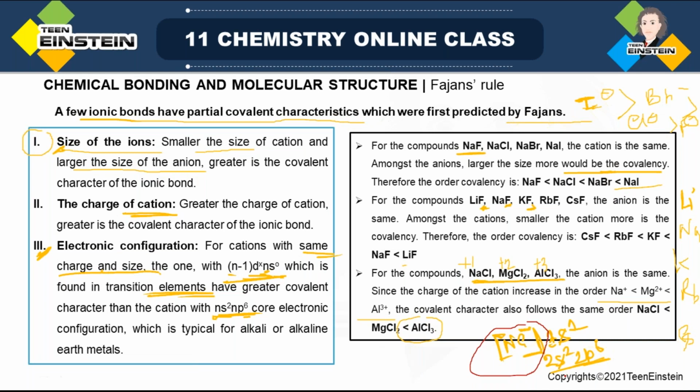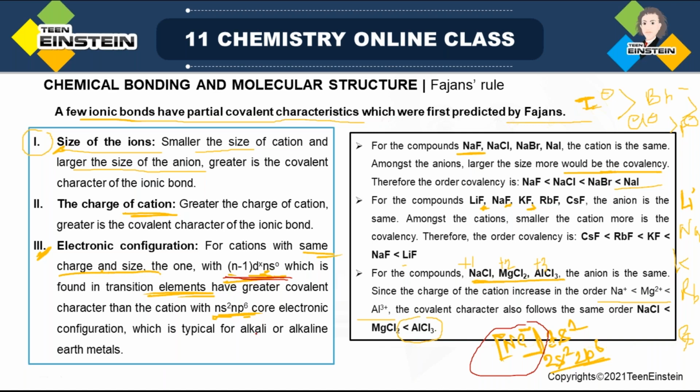So you are having these two types of metals, one from the s block. It is also true for any group 2 metal. Suppose you have taken Mg, which has atomic number 12, then after neon it will be 3s2. So suppose you have any alkali metal or alkaline earth metal, group 1 or group 2 metal, and another cation from a transition element with the configuration like this. So what will happen?